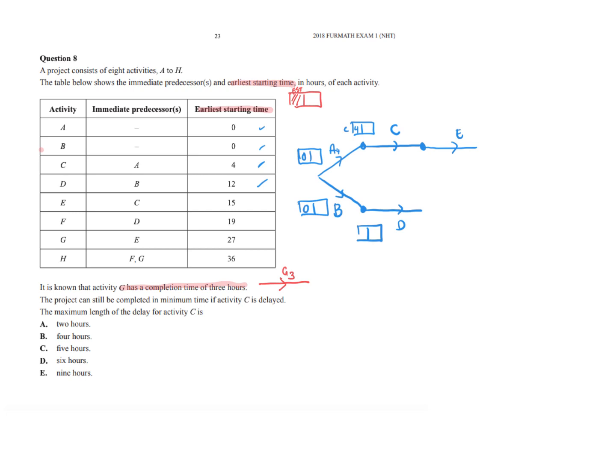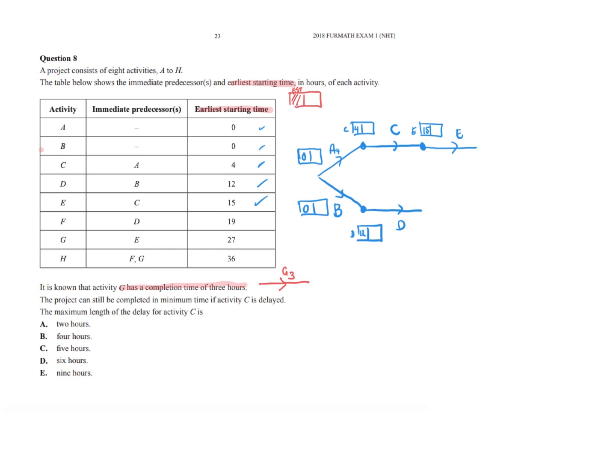And activity D has an earliest starting time of 12, so this one would be 12. And then if I pop in what happens for E, E has the earliest starting time of 15, so I've done that one.